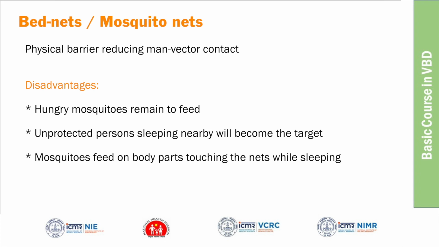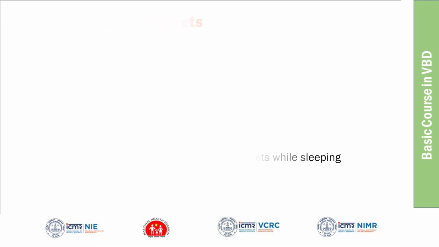Then an unprotected person sleeping near the mosquito net will become the target. Suppose some are protected and the other people sleeping without a bed net, they will become the target. Sometimes while sleeping, your head, hand, or leg comes out of the net, and mosquitoes feed on the body parts touching the nets while sleeping.